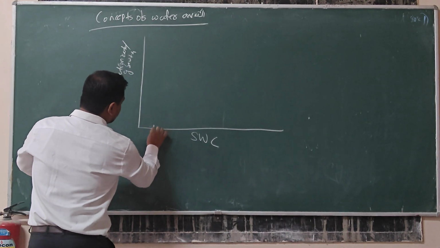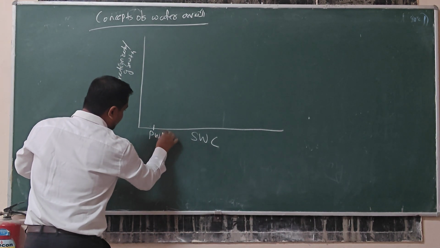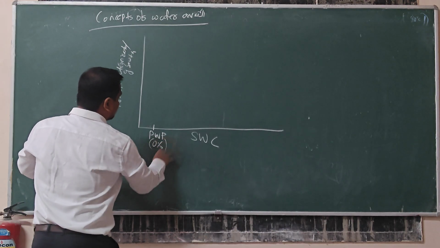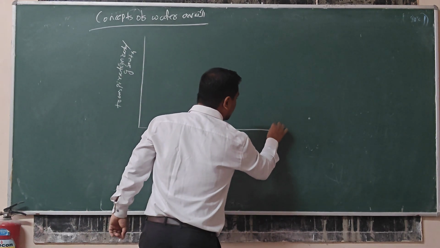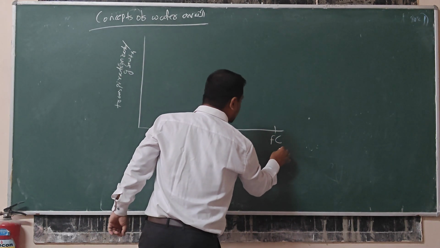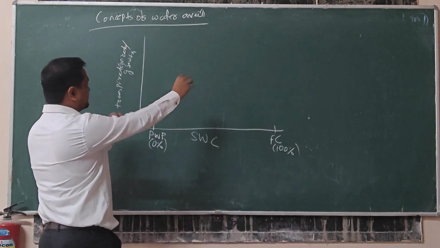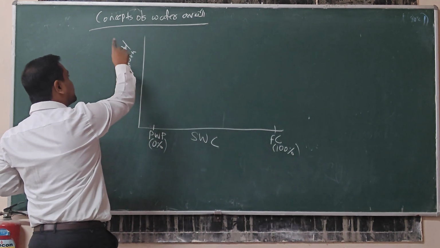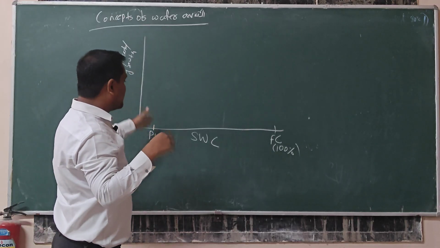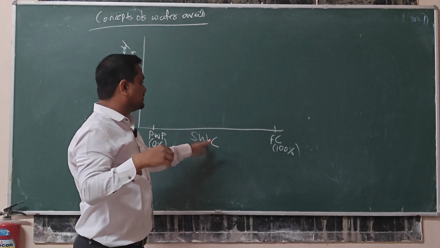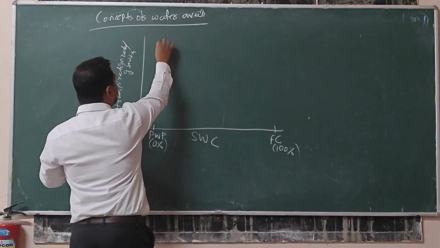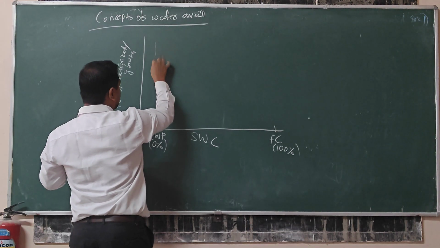And we say this is the permanent wilting point, where water availability is 0, and this is the field capacity content, where the water availability will be 100%. And if we draw between these your transpiration rate against soil water content, we will get this type of graph.